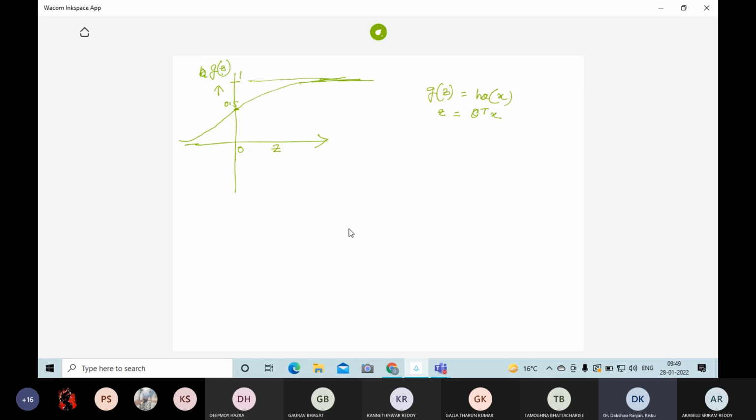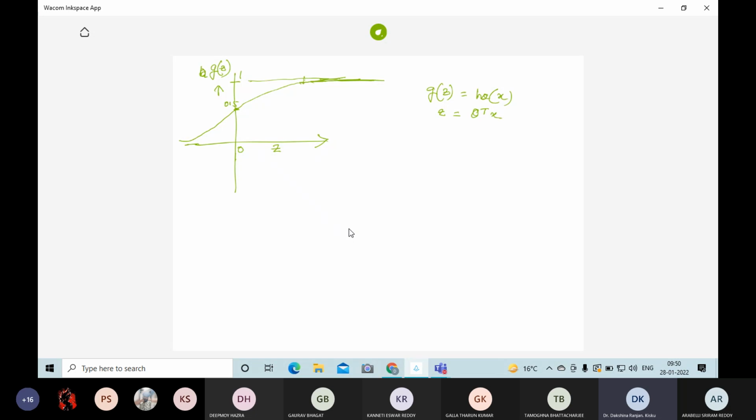Now this curve will start from 0, go through the point where we can decide the threshold, and approach 1. At this place the curve is getting flattened, because it is approaching 1. After some point here, the curve gets flattened.